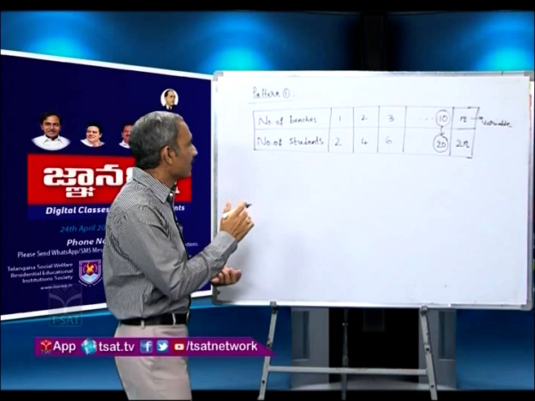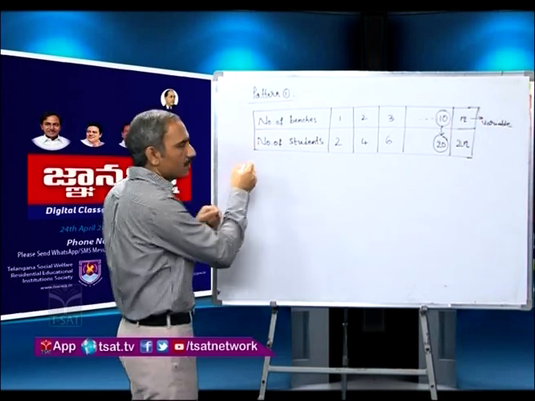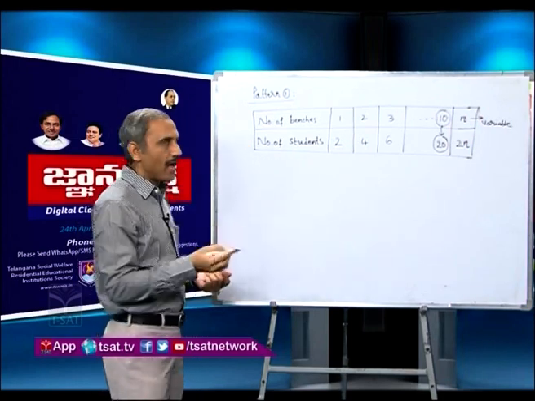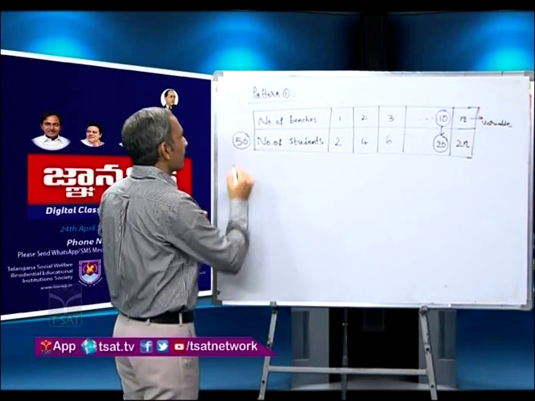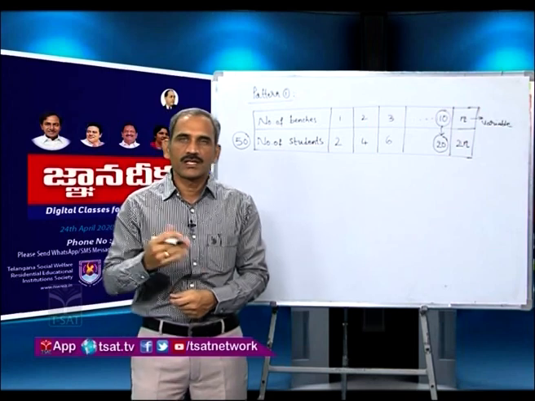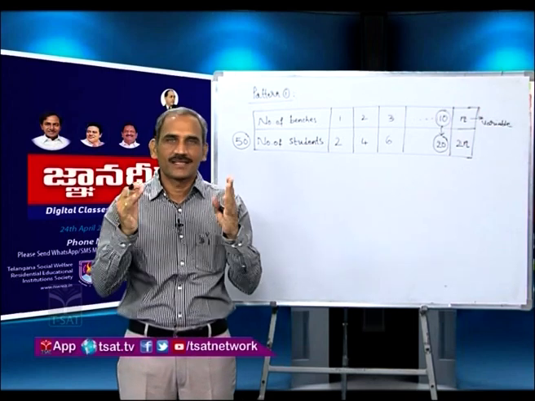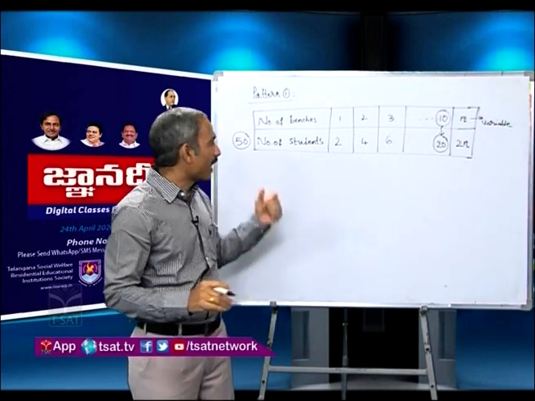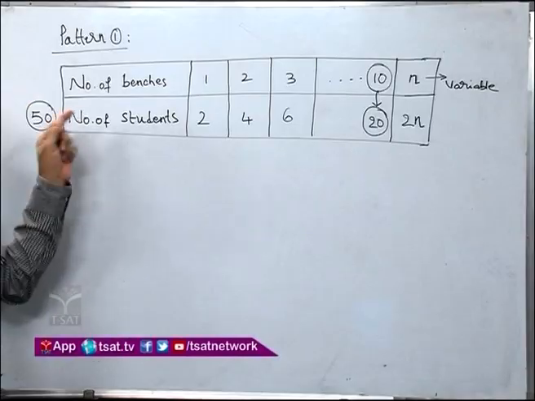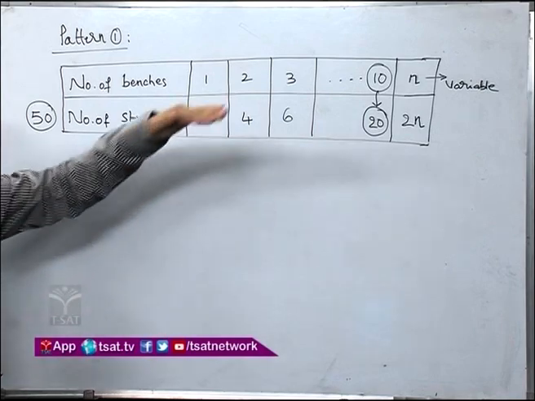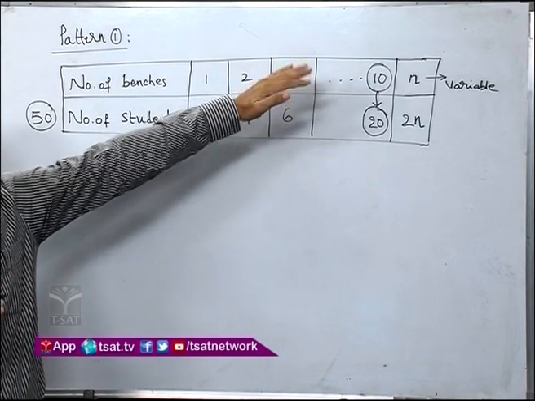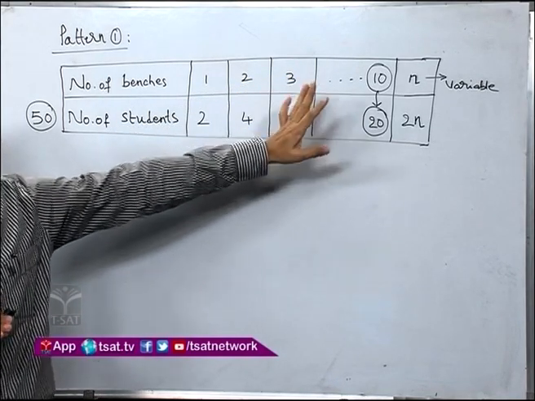If I have the number of students as 50, then my question is, how many benches are required to accommodate these 50 students? In the earlier case, if the number of benches is given, then we can find the number of students.